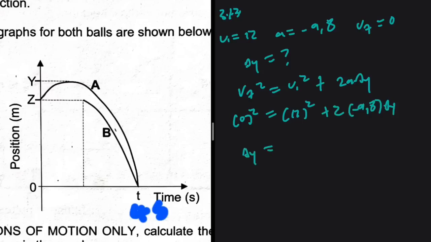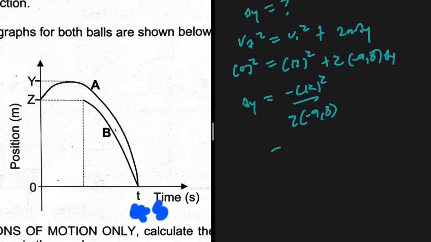So delta y is equal to 12 squared divided by 19.6. This is 7.35 meters.